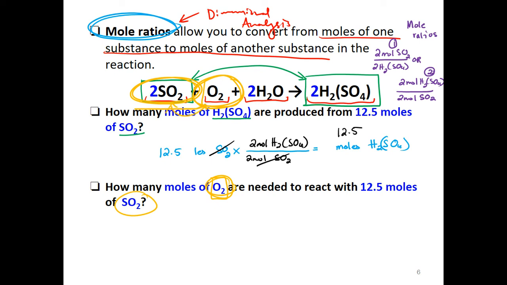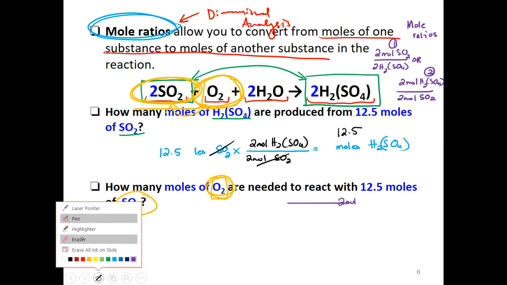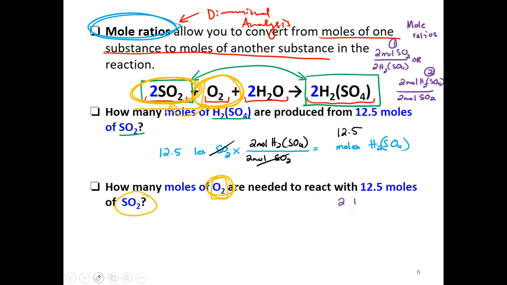So let's look at the ratio of moles. We have 2 moles of SO2 for every 1 mole of O2. So let's write the mole ratios for that. All right, we have 2 moles of SO2 for every 1 mole of O2.